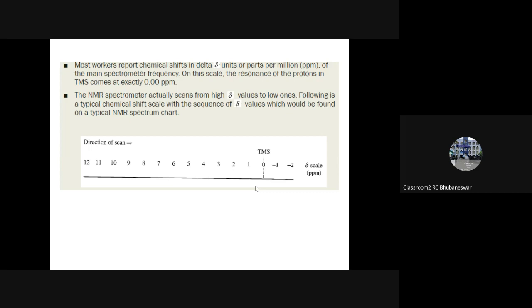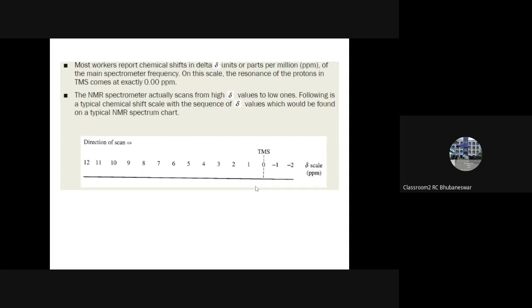Most workers report the chemical shift in delta units or in ppm units of the main spectrophotometer frequency. On this scale, the resonance of the protons in TMS comes exactly at 0 ppm.